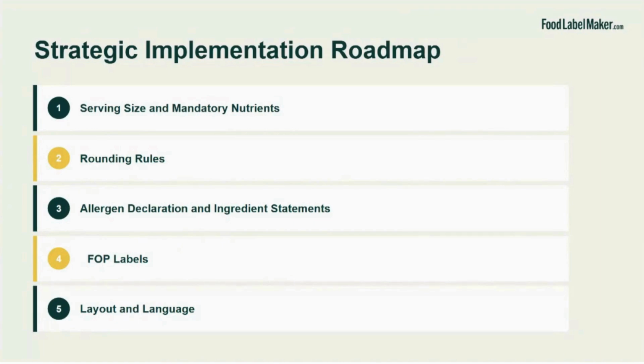And this is mainly for Canada and Mexico. And last but not least, always assess your nutrient thresholds and check if an FOP label is required, whether it's for Mexico or for Canada. And then finally, always make sure that you have a legible layout that's in line with the regulatory requirements of each body.